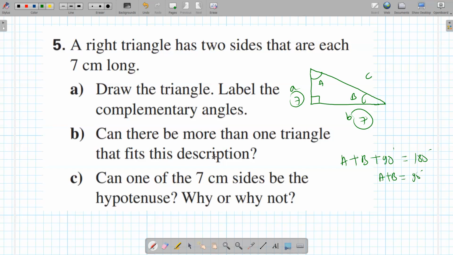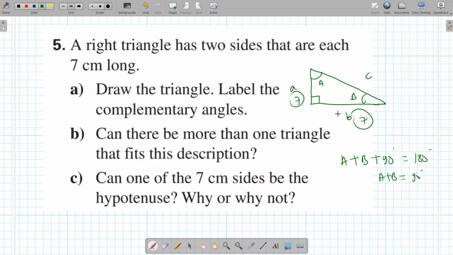Yes. What would another triangle look like? There's an infinite number of them.